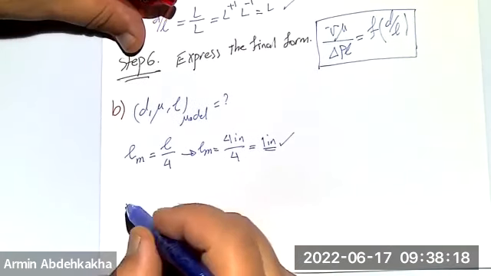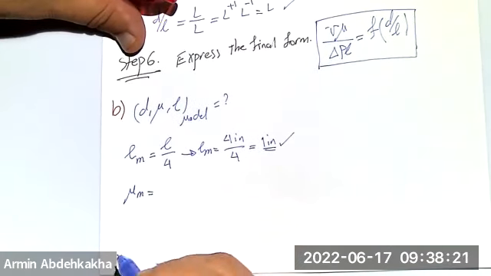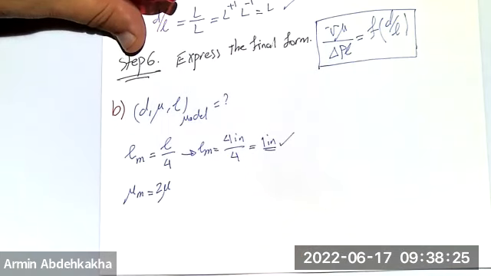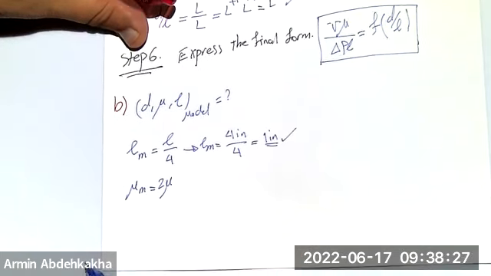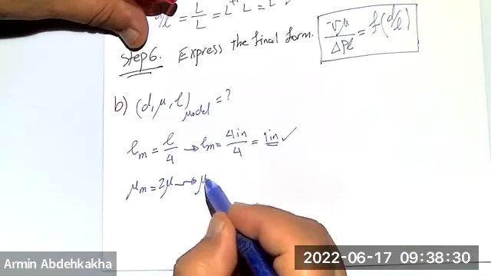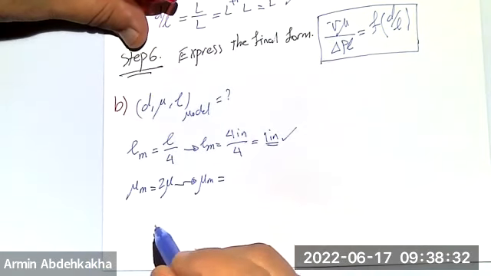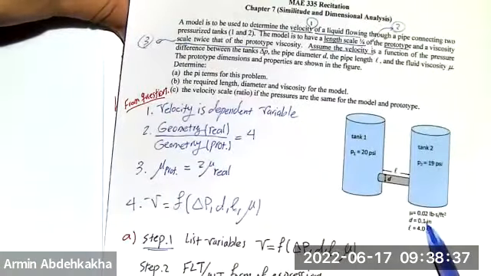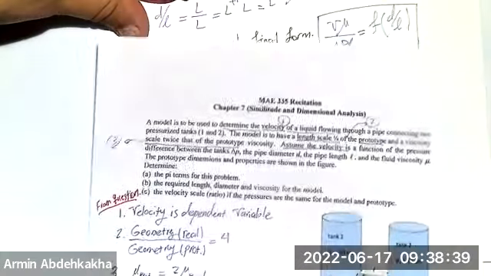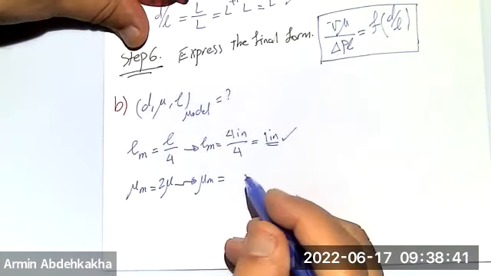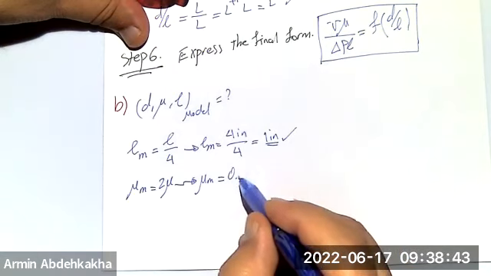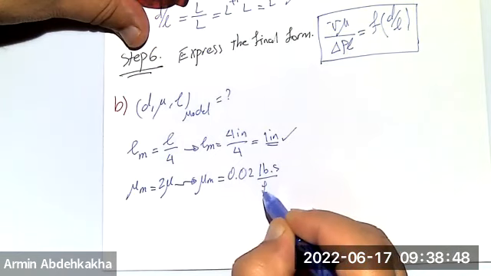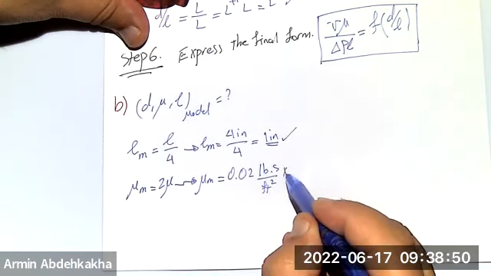What is the mu of the model? It mentioned that it is 2 times the mu of the real one. Yes, it's twice. So using the mu given here, 0.2 over feet squared, mu m is 0.2 feet squared times 2.